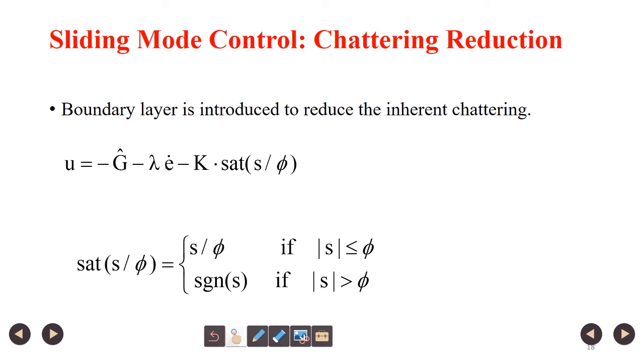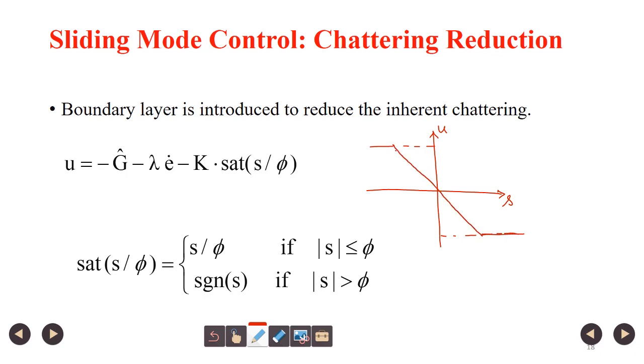So, chattering is undesirable. To reduce the chattering, a boundary layer is introduced. Say this is U versus S. So, this is the boundary layer, a boundary layer of width phi on both sides.